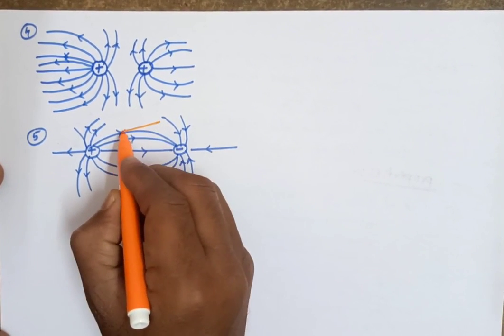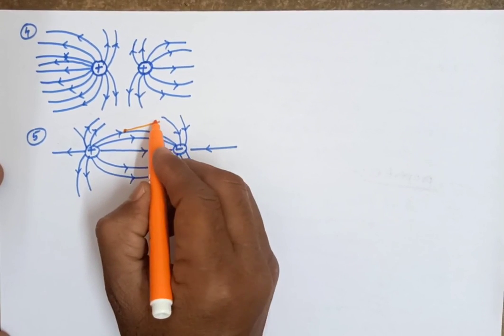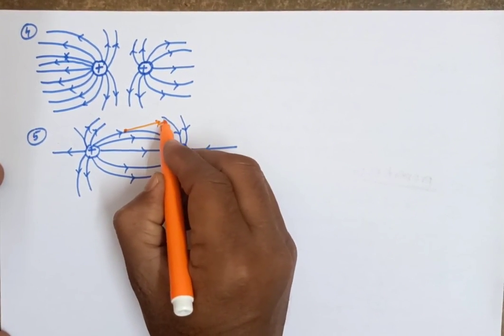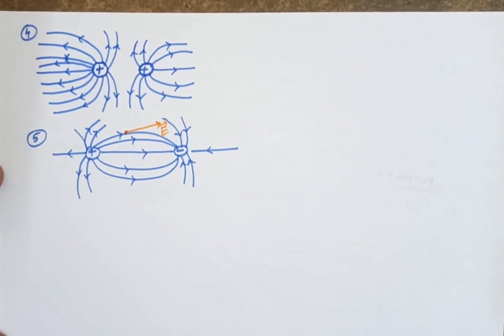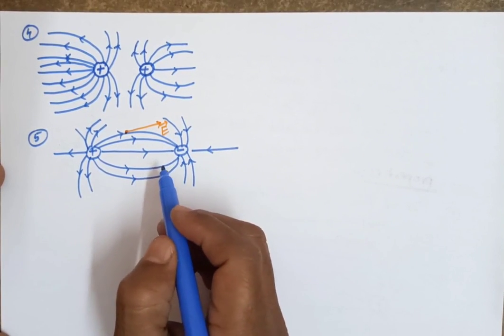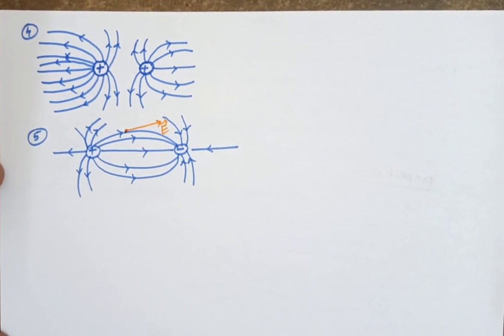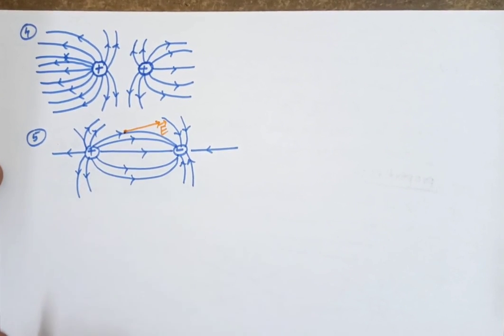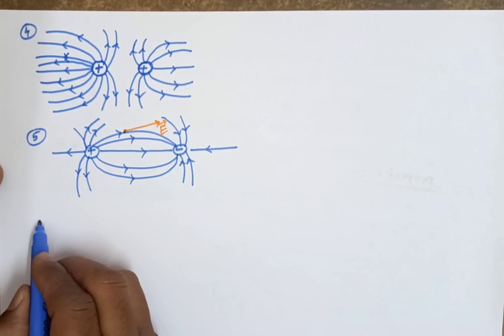This tangent indicates the direction of the electric field strength. The tangent at any point to the curve gives the direction of the electric field at that point.